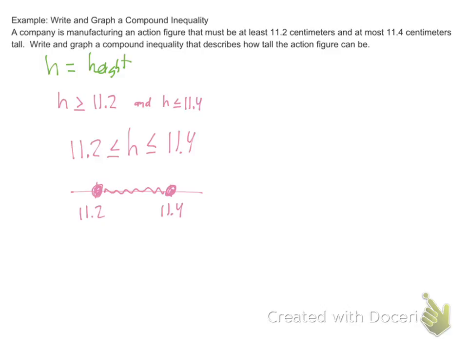Now this works as a real life type of problem because pretty much everything that is made has to be made within a certain tolerance, right? You don't want to get an action figure or a toy or a chair or a desk that's not uniform in size. But we all know that if we took everyone's desk right now and we probably measured it, there could be some very slight variations in their sizes.